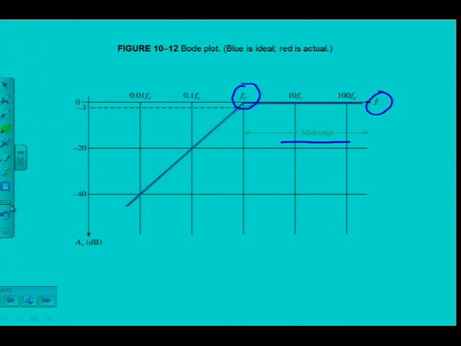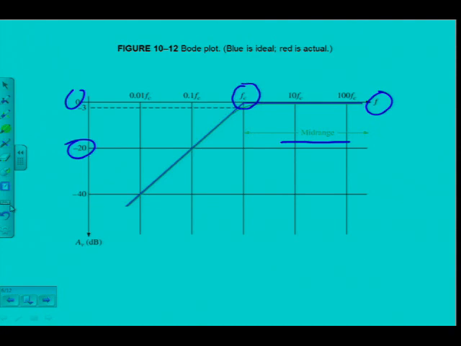Remember, that's the axis of the frequency, so it starts here at 0. So this is the low frequency part, which of course is influenced by the coupling and bypass capacitors, as we have seen. And then a 10 times change in frequency is called a decade, 20 dB per decade. So you can see here, but we will discuss that in the next picture as well, that the gain becomes 20 dB lower for each of these RC circuits.